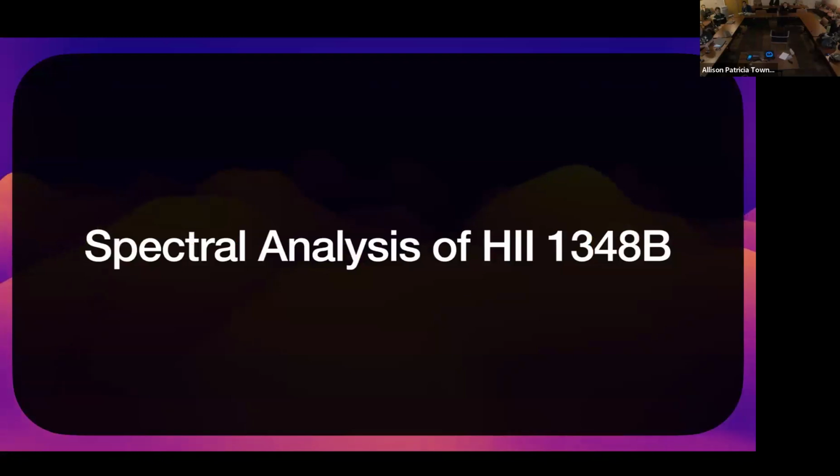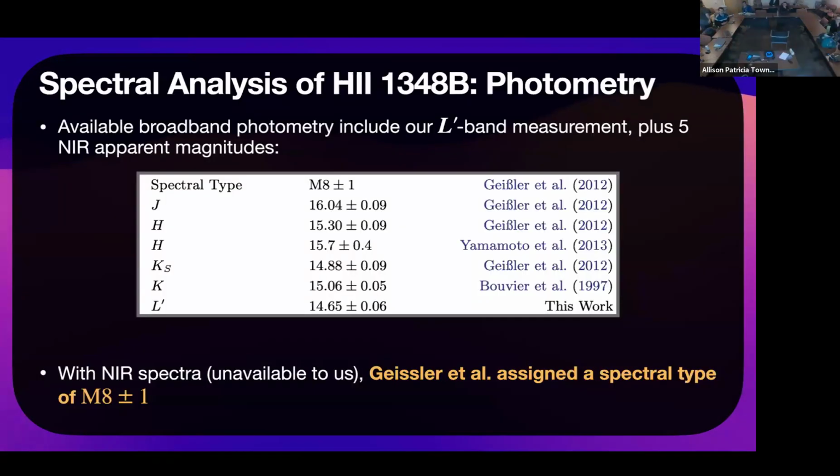One further analysis we wanted to make from our L prime photometry was to compare with previous photometric measurements in other bandpasses. So from the prior observations, we got our astrometry. There were also apparent magnitudes in the near infrared, J, H, K, Ks.